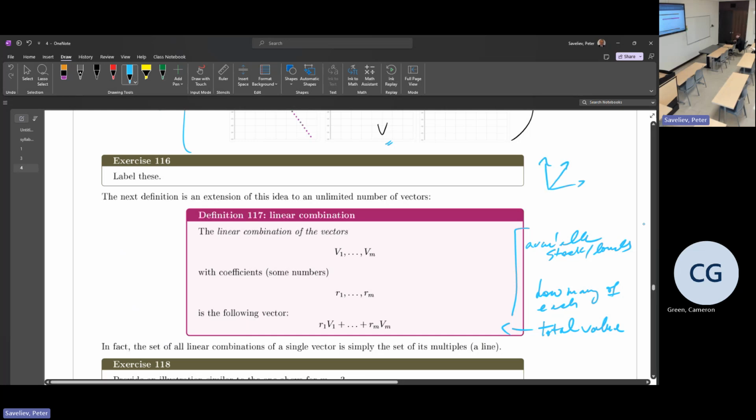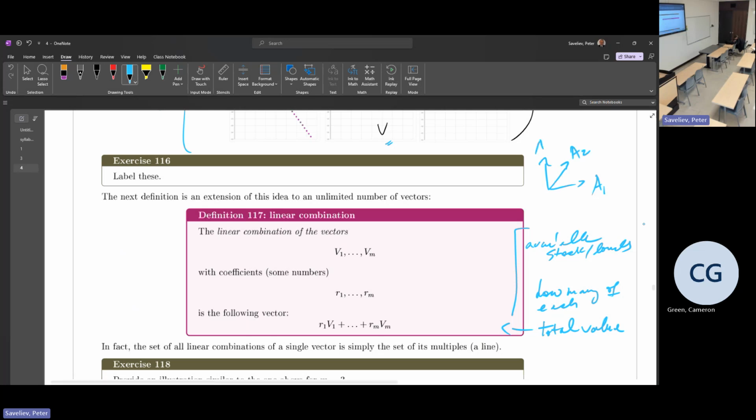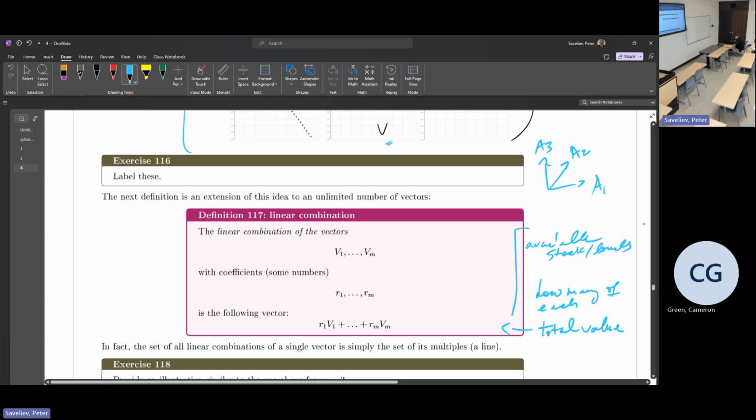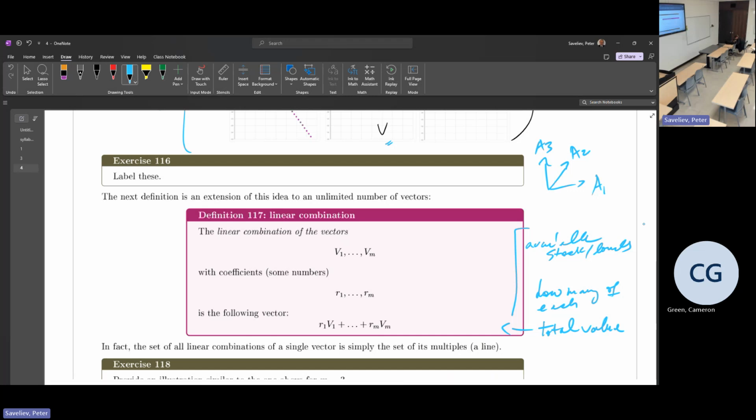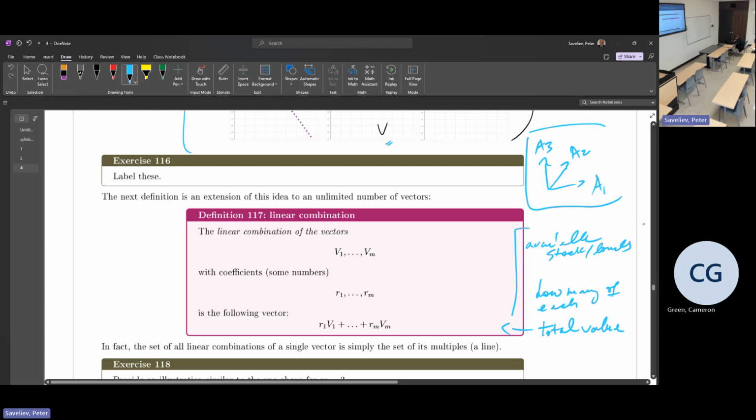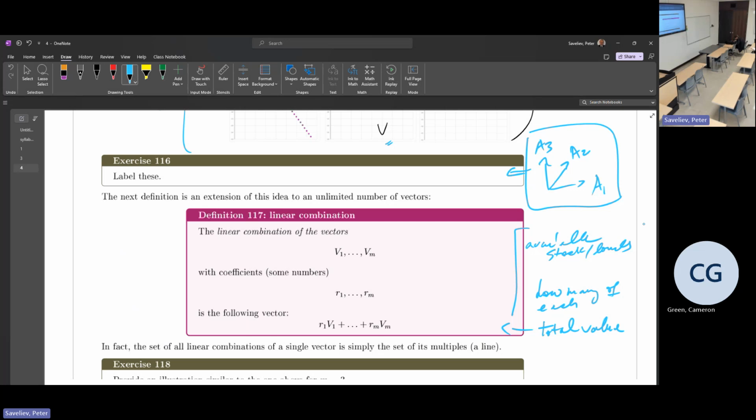So this is a one, a two, a three. These are the choices, the basic choices. Which we already have talked about, and so you can choose your portfolio by picking how much of each of those three or 1,000 you want to have. So that's the initial point of view on linear combinations, and especially on bases.